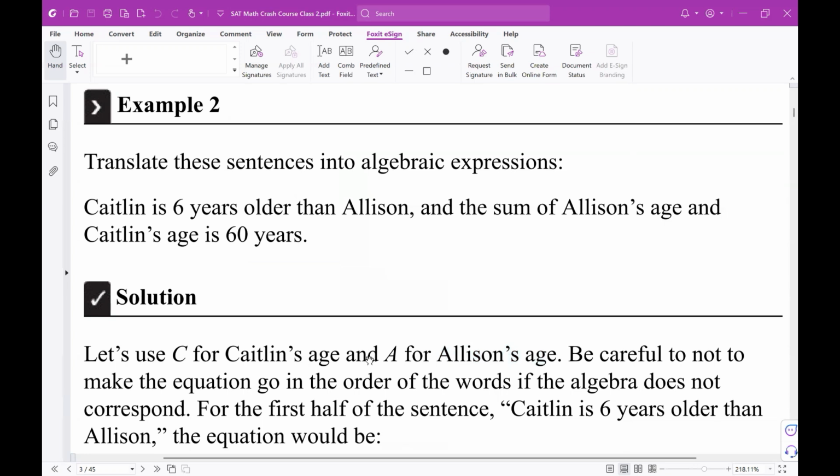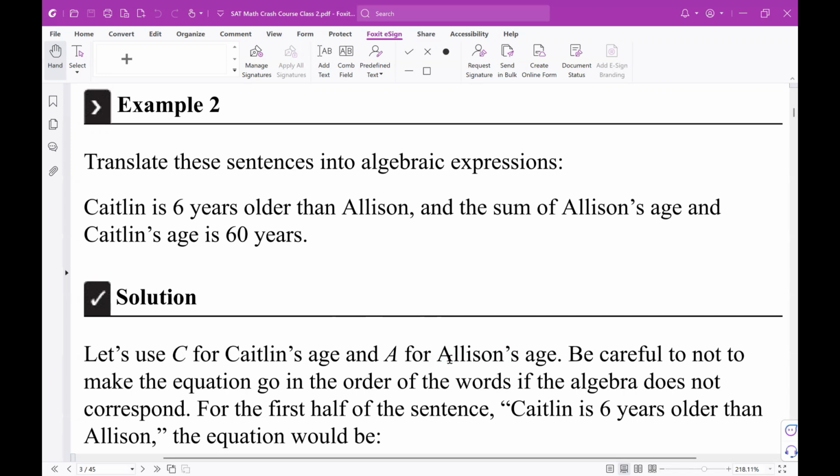It's very convenient to make you understand that A is for Allison and C is for Caitlin, because the first letter of Allison is A and the first letter of Caitlin is C. So it's very convenient to use the letters A and C rather than X and Y. It makes things easy to understand because A represents Allison and C represents Caitlin.